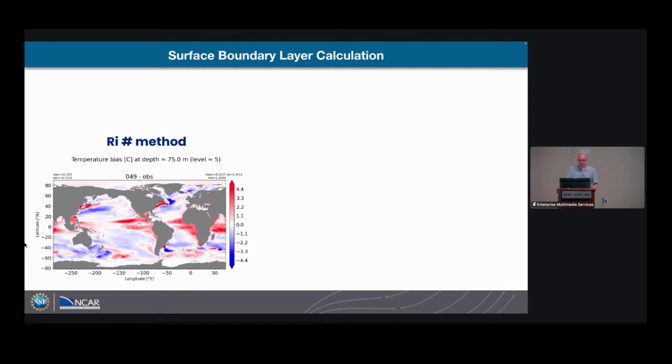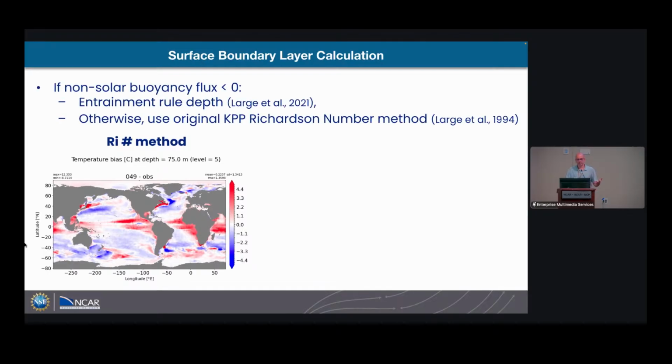Then when I showed this to Bill Large, Bill was like, well, I think we can do better than that. And then he went back and implemented this option to do the entrainment rule, which was actually updated on the KPP that was published in 2021, in which he used this different rule for estimating the boundary layer depth. In fact, we don't use only the entrainment rule.